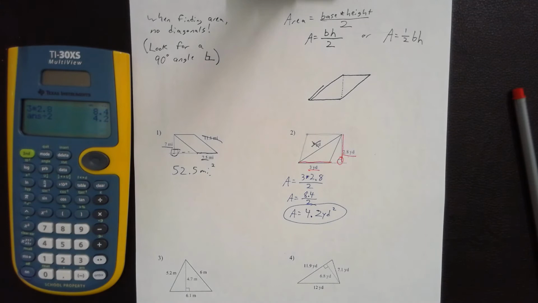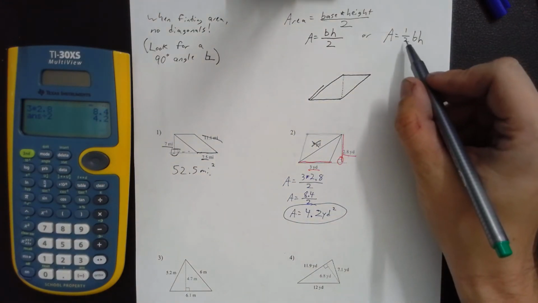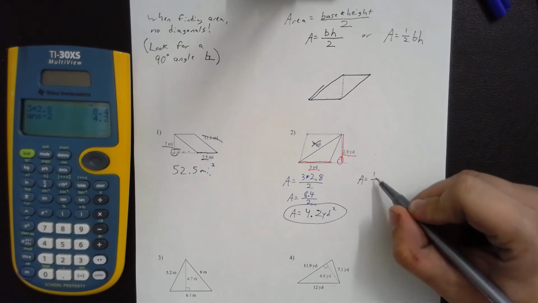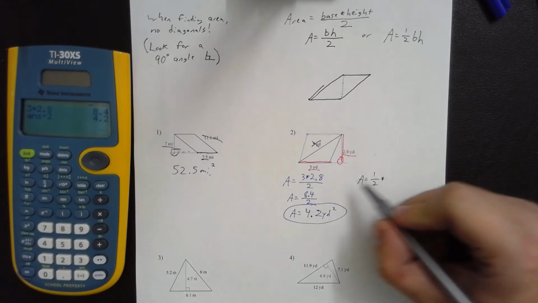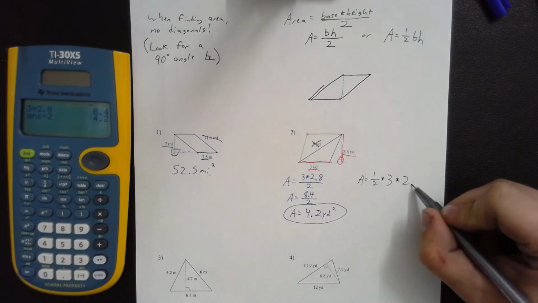Okay, so that's one. The other way that we could have done this problem, it's the same way, just written a little differently, is area equals 1/2 base times height. So area equals 1/2 times the base, which is 3, times the height, which is 2.8.